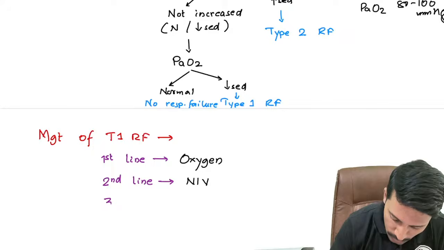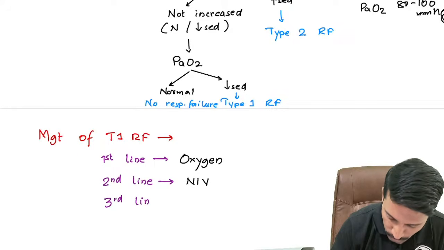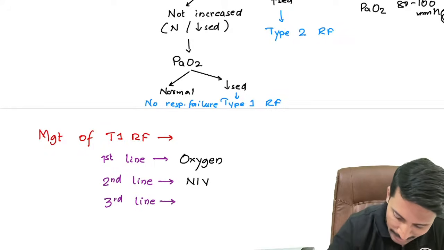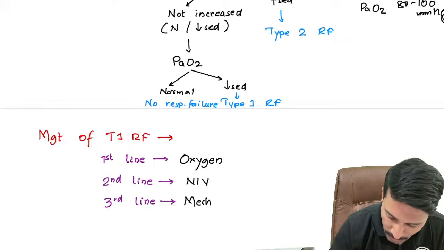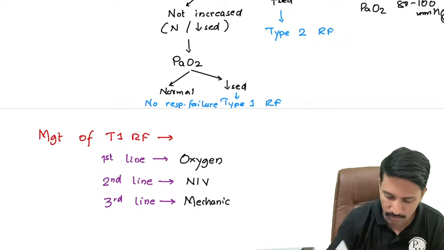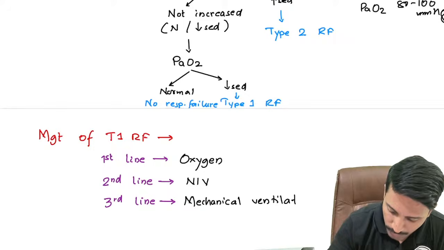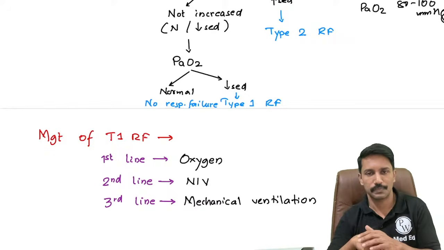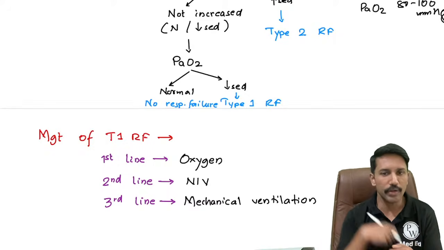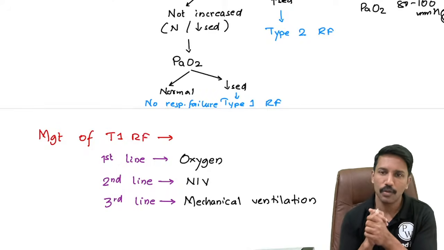If that also doesn't work, what is my third line approach? I have to go for the mechanical ventilation. I started giving oxygen, not sufficient, blood oxygen levels not improving. Then I will put the patient on non-invasive ventilation without intubation. Not helping, then I have to intubate and connect him to a mechanical ventilator, right?